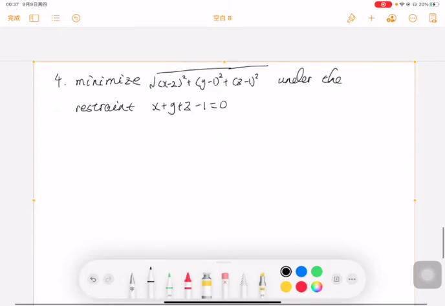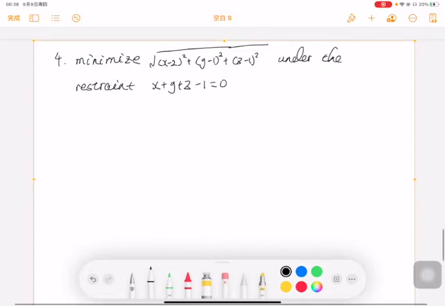Okay, now remember when you're using Lagrange multipliers, you have to find all the partial derivatives and set them to 0 and solve the system. Now, since we have a big square root, the partial derivatives are going to be a little complicated. It's still doable, but it might be a little difficult.